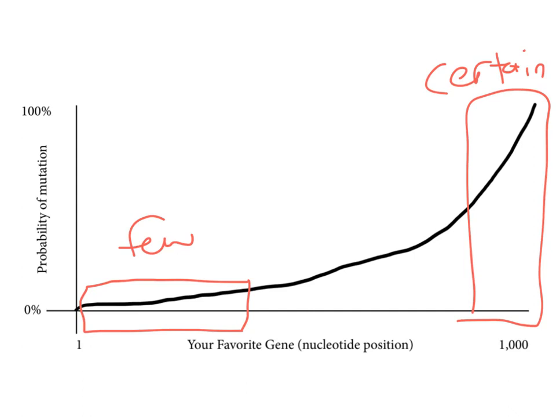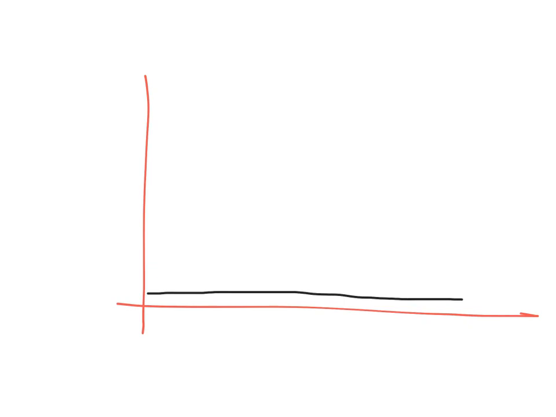So what do you think? Are mutations common or rare, do you think? Rare. They're pretty rare. So the probability of getting a mutation at any spot on a gene, you might predict to be the same at every nucleotide. It doesn't matter which part of the gene you're in. There's probably a low but constant probability of mutation.